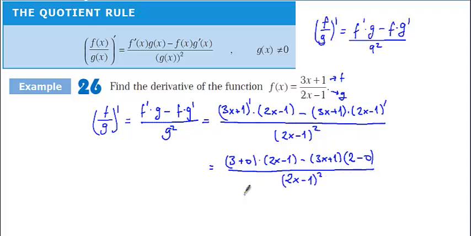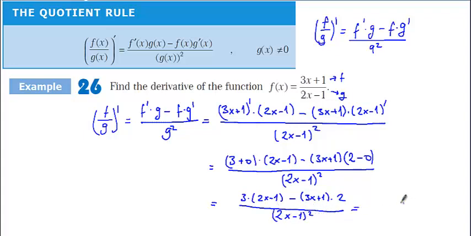It's going to be then 3 times 2x minus 1 minus 3x plus 1 times 2 over 2x minus 1 square. Only one more step.